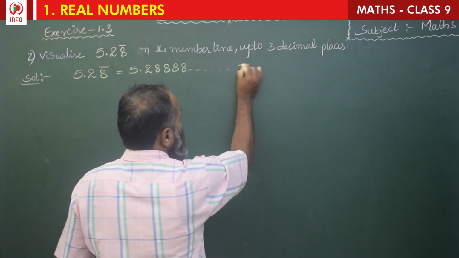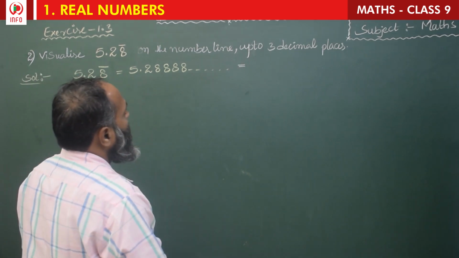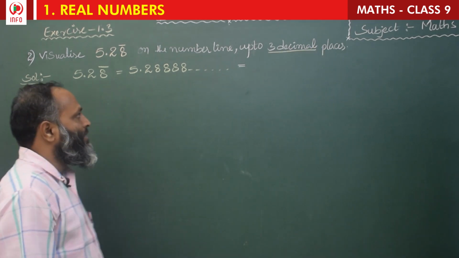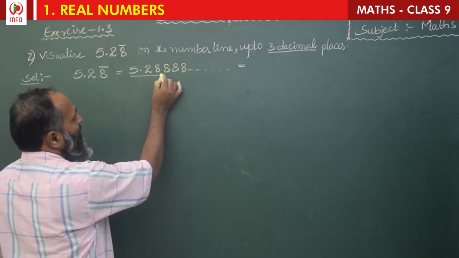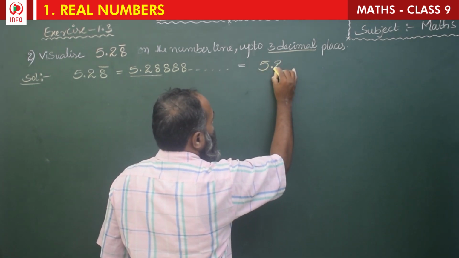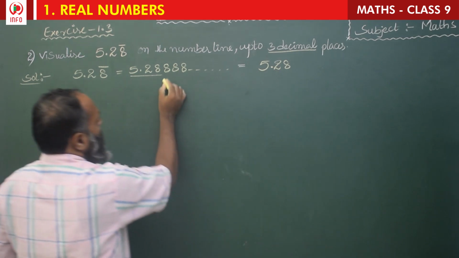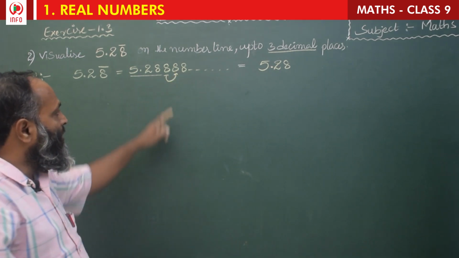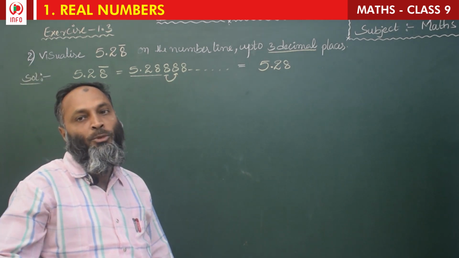Then, up to 3 decimal places, we should keep up to 2 decimal places as it is, 5.28. For the third place, we should check the fourth place. The fourth place is more than 5.